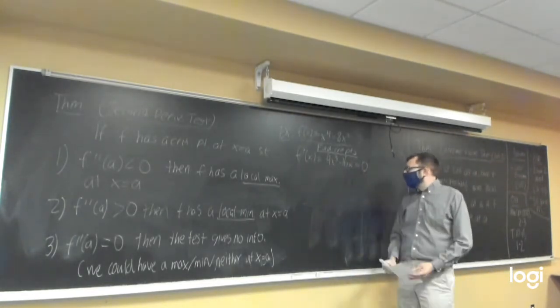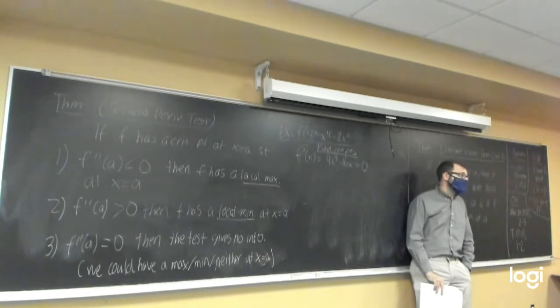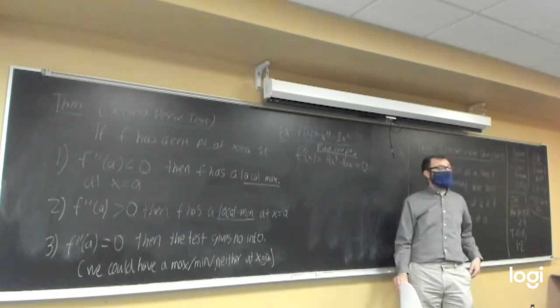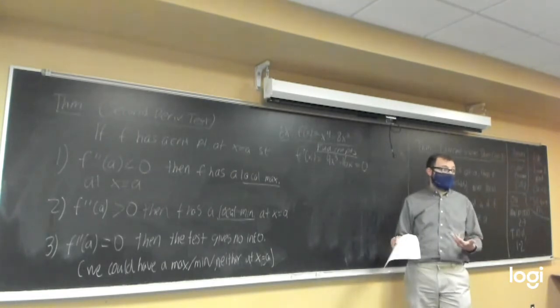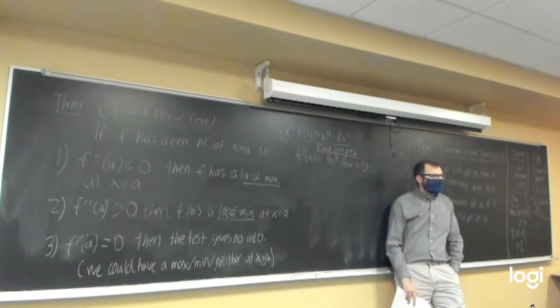So we need to find all values of x where 4x cubed minus 16x is 0, because those are going to give us our critical points, which are going to be the possible locations of local maxima and local minima. How are we going to find the values of x that make this 0? Any strategies?